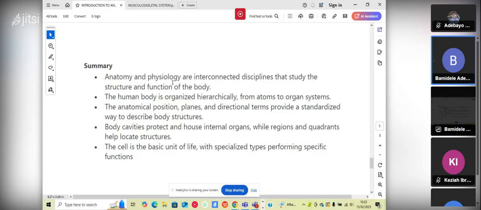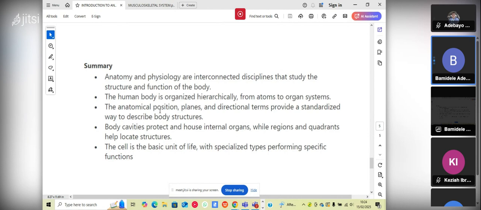The structure determines the function, so from the structure you can tell what the function is. We also talked about the organization of body parts, from atoms to cells to tissues to organs and organ systems.